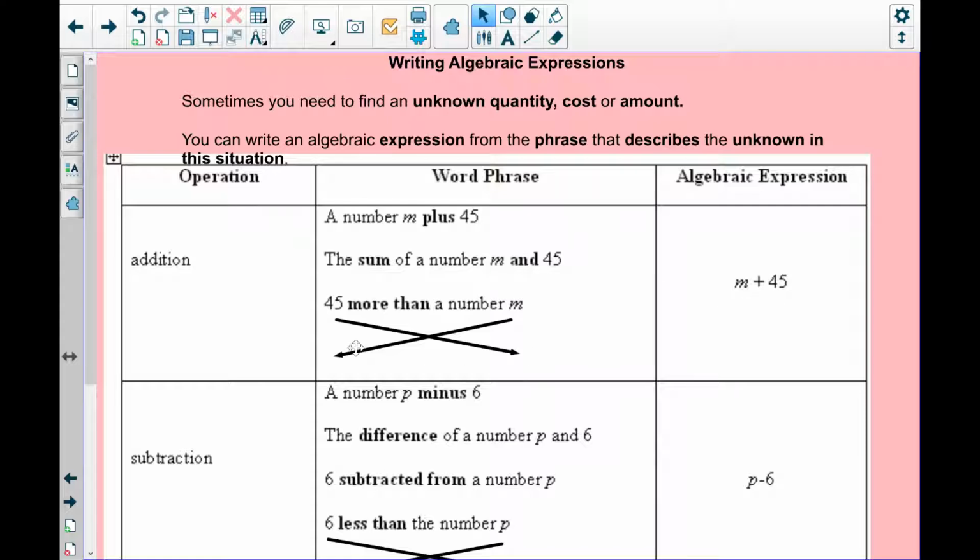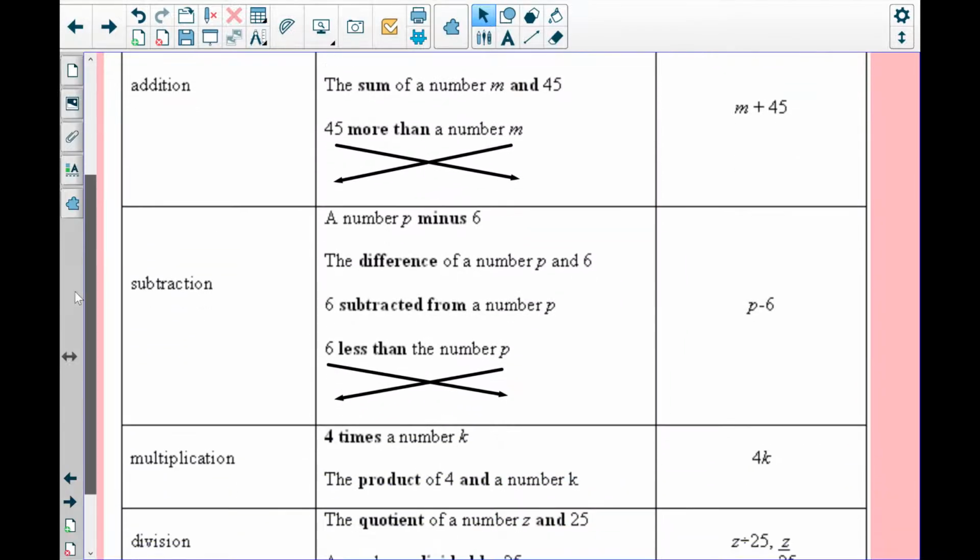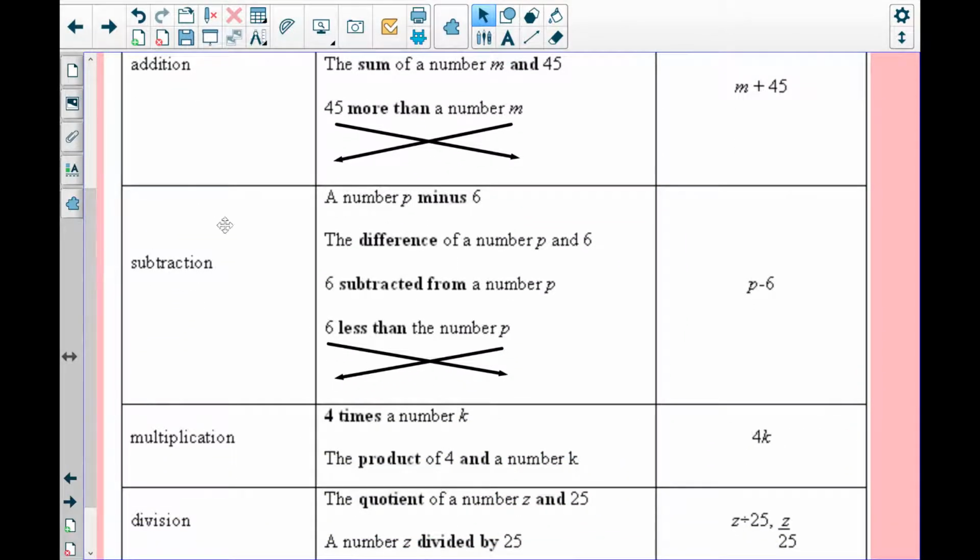Again, it would still look like this, or 45 more than a number m. For subtraction phrases, you may see phrases like a number p minus 6, or the word difference means subtraction, so you would see the difference of a number p and 6, or 6 subtracted from a number p, or 6 less than the number p.